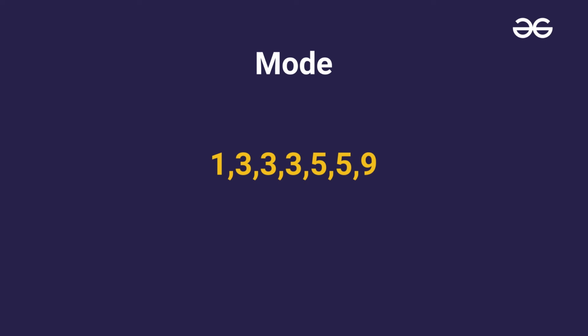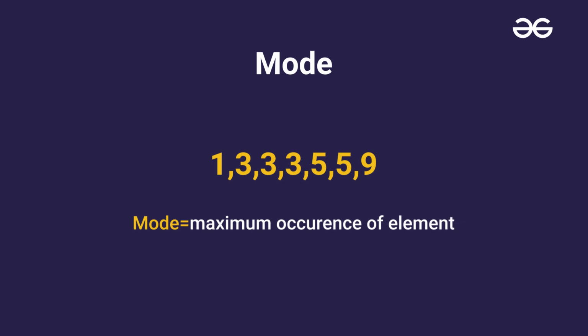Now the mode of this array would be the element with maximum occurrence. An element that occurs the maximum number of times would be the mode of the array. In this scenario, as you can see, 3 occurs 3 times, so 3 is the mode of this array.